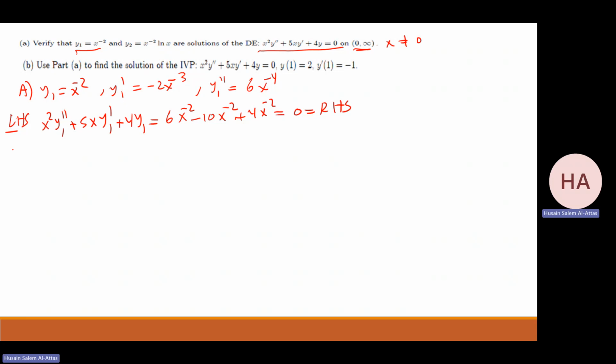Okay, B. I need the other function, y2, x to the minus 2 ln x. Yeah, a little bit complicated. y2 prime will be what? Minus 2x to the minus 3 ln x plus x to the minus 2 times 1 over x, because the derivative of ln x is 1 over x, so that will be x to the minus 3.